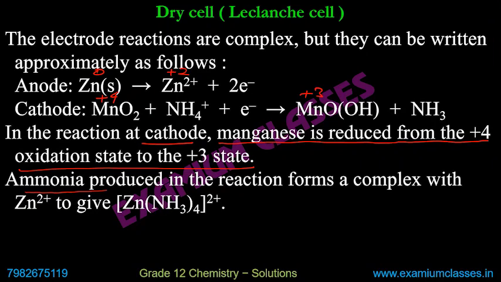Ammonia produced in the reaction forms a complex with zinc ion. And that is the answer you will write if you get the question, that ammonia produced does not lead to bursting of the cell. The reason is this ammonia actually reacts with the zinc ion and forms a complex.